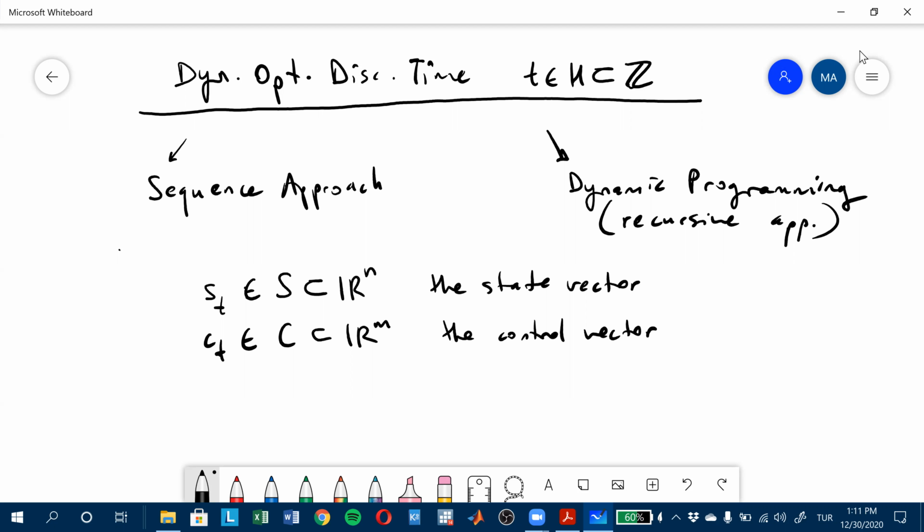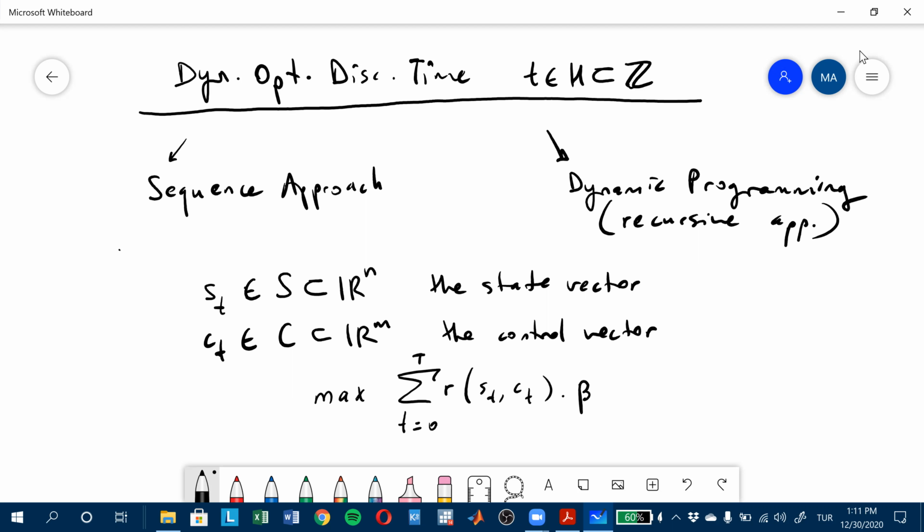And the problem will be something like this. In the simplest case, let's write a finite version. You will have some reward function, a function of your state vector and your control vector.